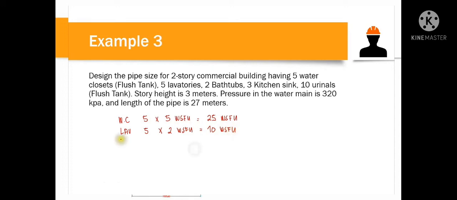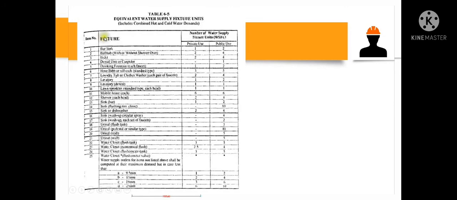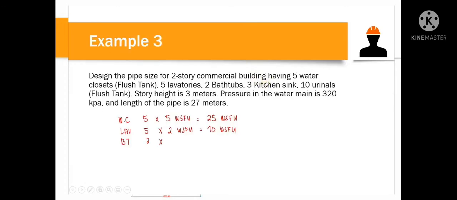Then we have also bathtubs, and the water supply fixture unit is 4 for public use, 4 WSFU. So therefore we have 8 water supply fixture units.